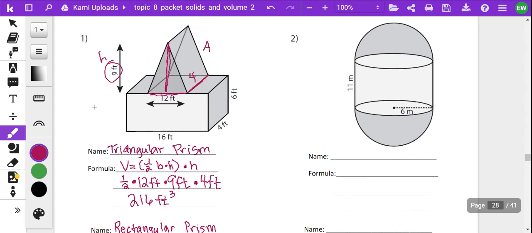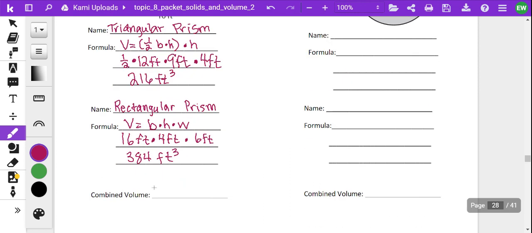I need to find the entire figure all together, so I add those together. 216 feet cubed plus 384 feet cubed is a nice even 600 feet cubed. Not too shabby, right? We're just putting everything together.